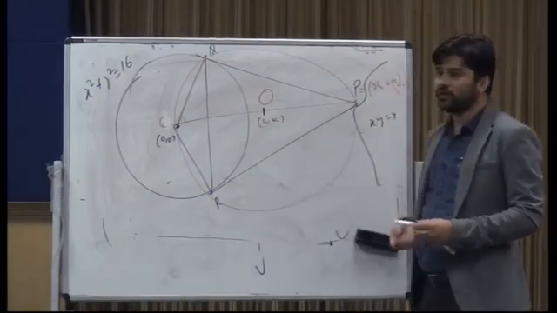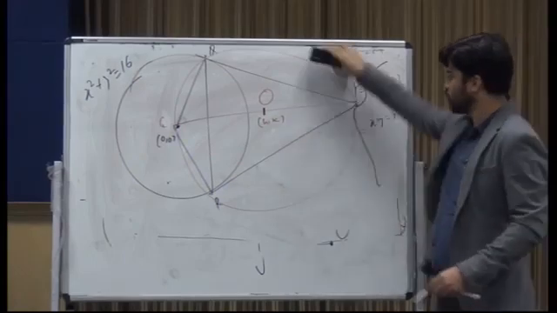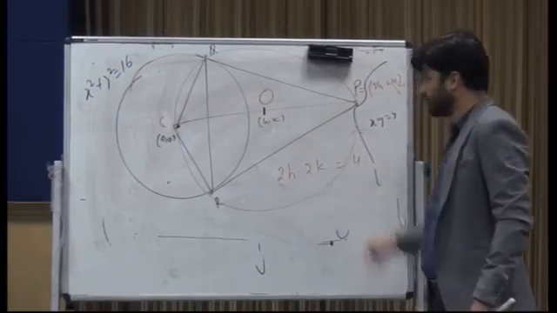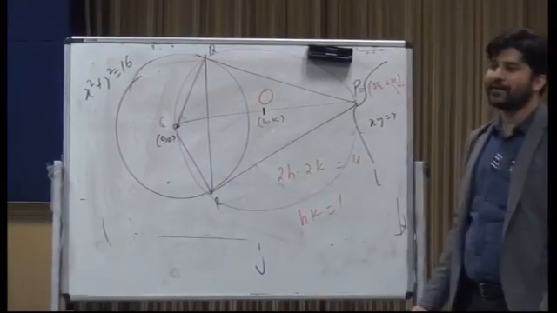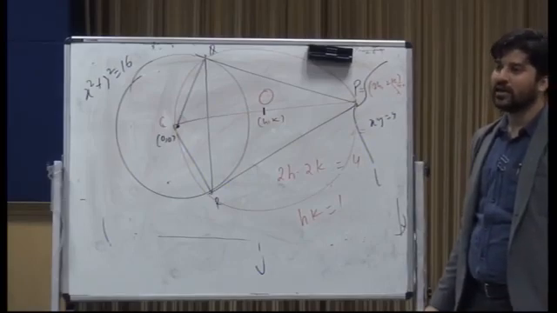So 2h comma 2k, and this point is satisfying this equation. So what I can say? 2h comma 2k is equal to 4. So hk is equal to, h to be replaced by x and k to be replaced by y.